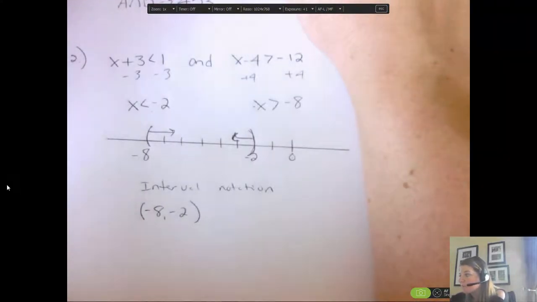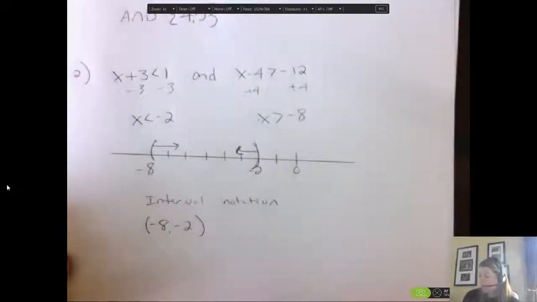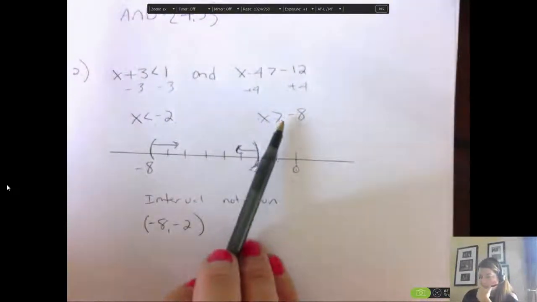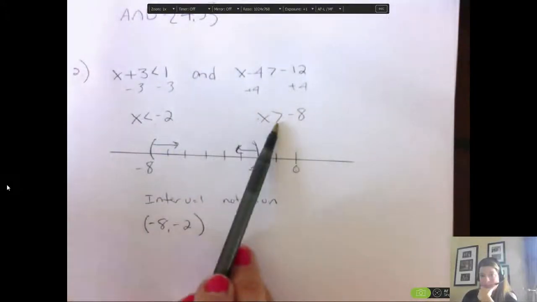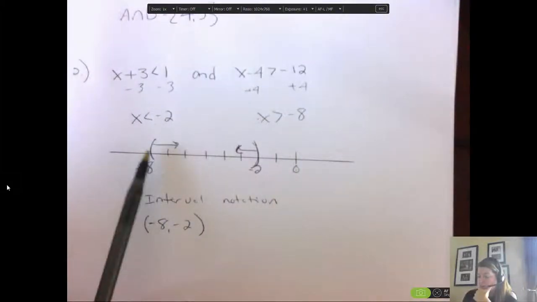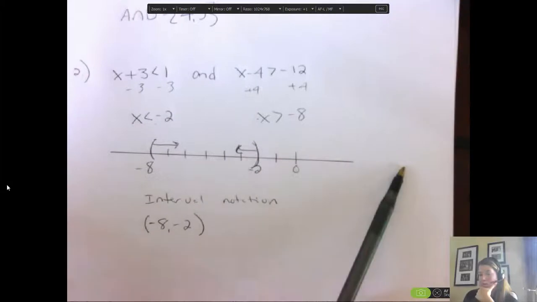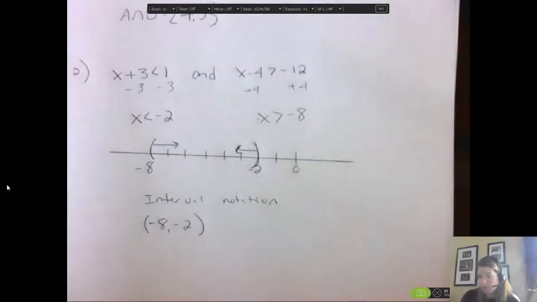You could end up with a problem where the sets don't work out, so you could have no solution. If I would have solved both of them, and one would have been pointing this way and one pointing this way, and it asks where they overlap, that's not going to work.